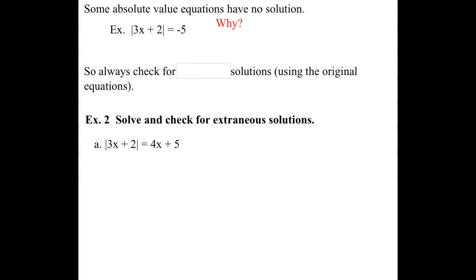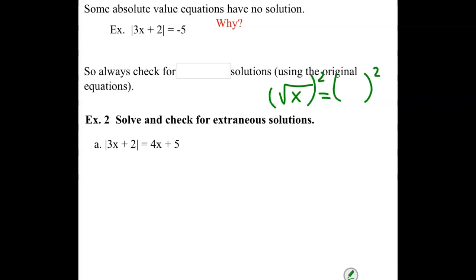Extraneous solution? It's a solution that shows up because one of the steps we used to solve eliminated negative numbers. I'll give you an example. If you are trying to undo, say, the square root of x, how do you undo that? You square both sides, right?